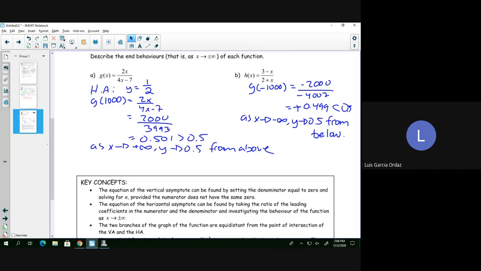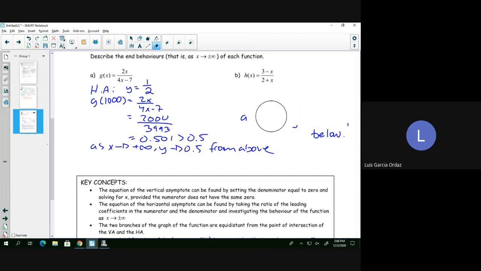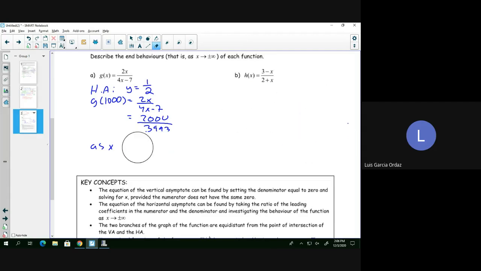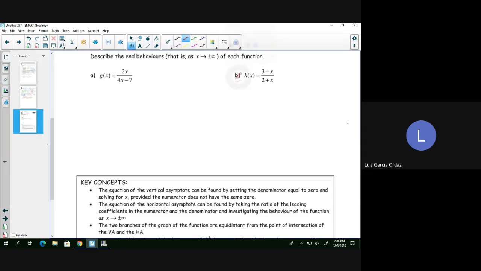So now let's take a look at the next example and see if our method holds true. So what is our horizontal asymptote for 3 minus x over 2 plus x?